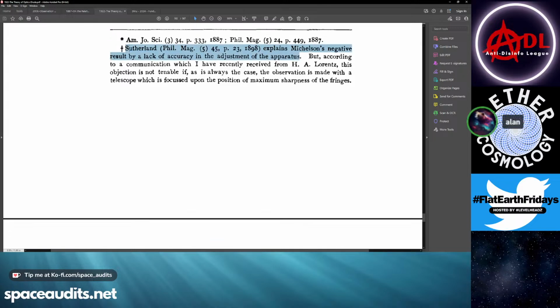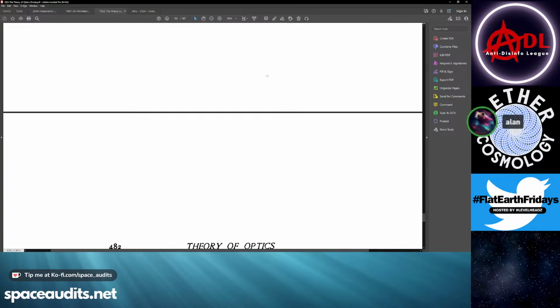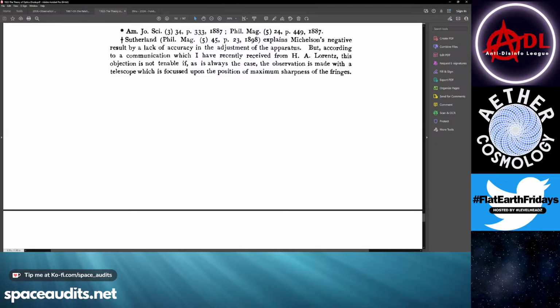One might explain the negative result by the lack of accuracy in the adjustment of the apparatus, but according to a communication I have recently received from Lorentz, this objection is not tenable, if the observation is made with a telescope focused upon the position of maximum sharpness of the fringes. So Lorentz shot that down.